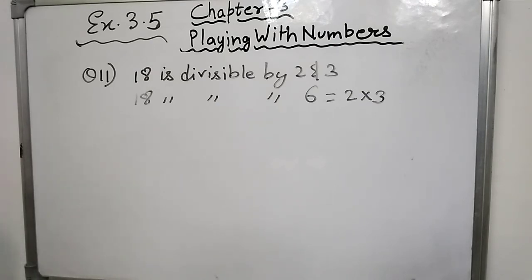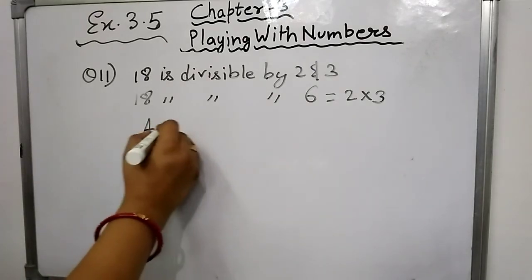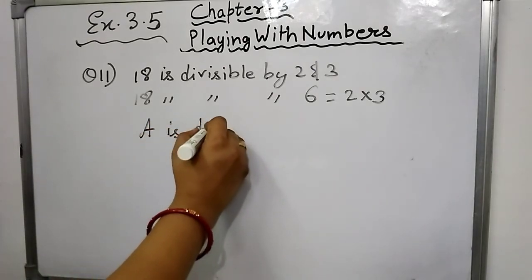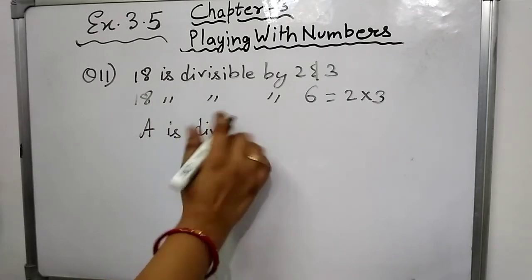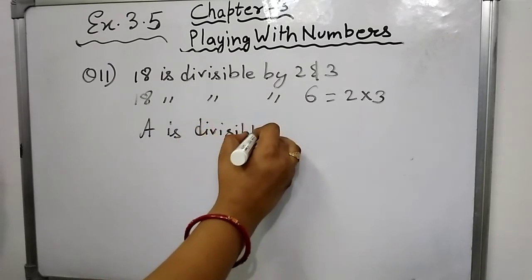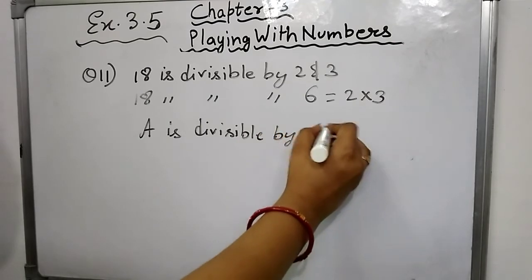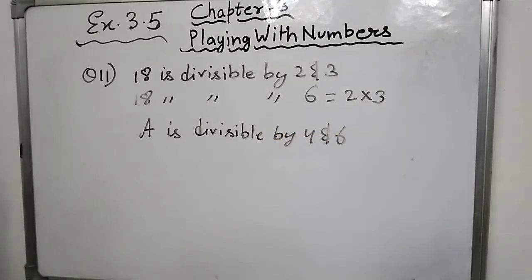Now they are asking, similarly, a number is divisible by both 4 and 6. If there is any number divisible by 4 and 6, can we say that the number must also be divisible by 4 multiplied by 6, 24? If not, give an example to justify your answer.